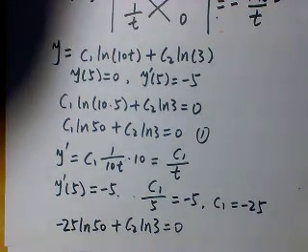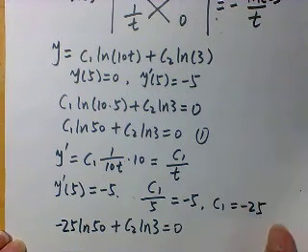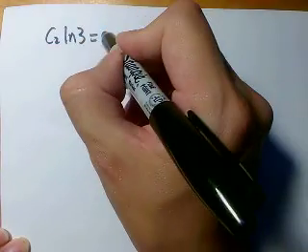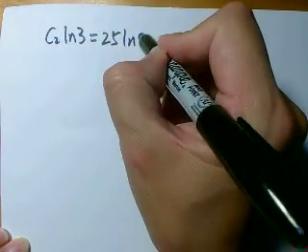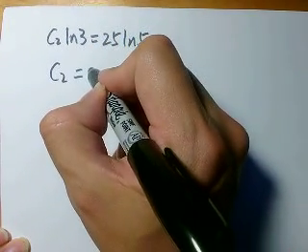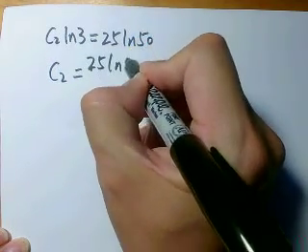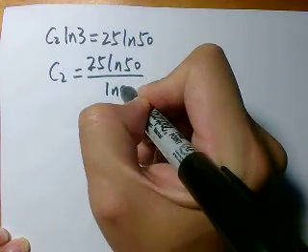We can simplify it: c2 ln 3 equals 25 ln 50, and c2 equals 25 ln 50 divided by ln 3.